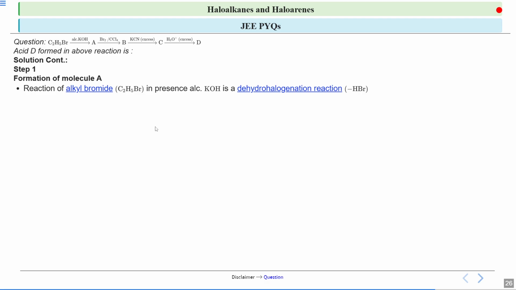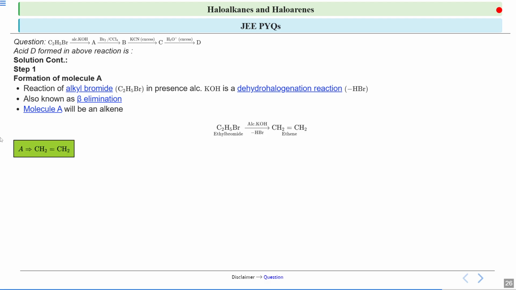This reaction is also known as beta elimination, meaning a beta hydrogen will be removed. The molecule A you are getting will be an alkene. From ethyl bromide, you get ethene as the major product after reaction with alcoholic KOH. So the A product is ethene.